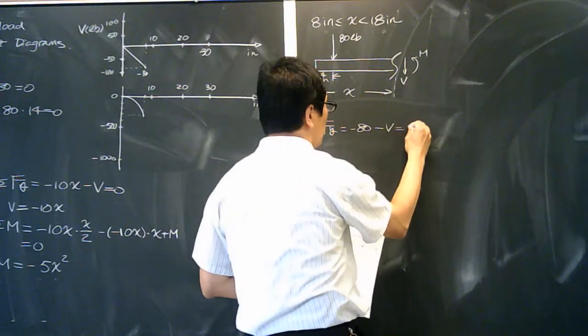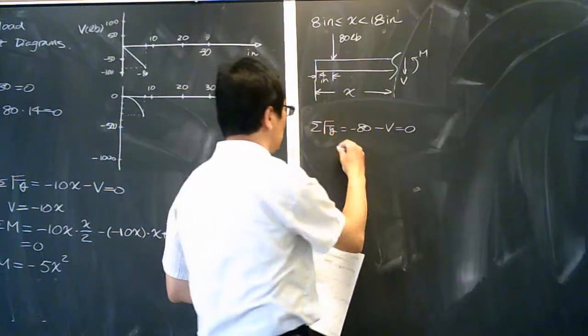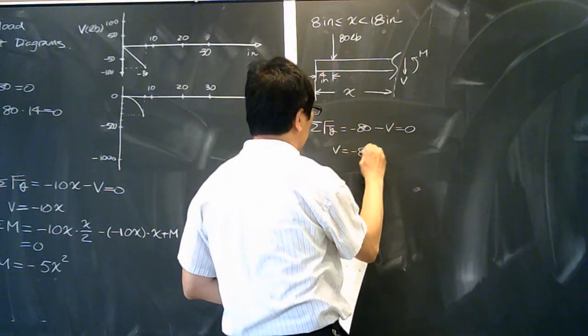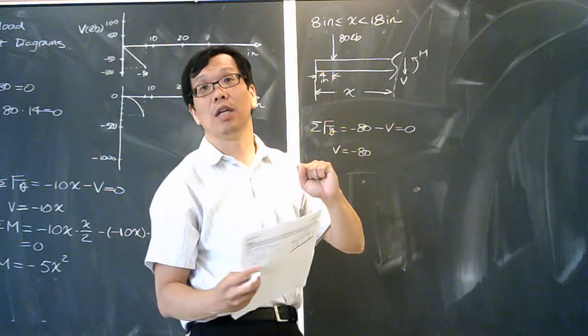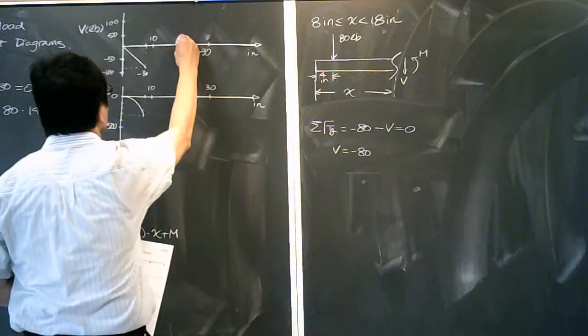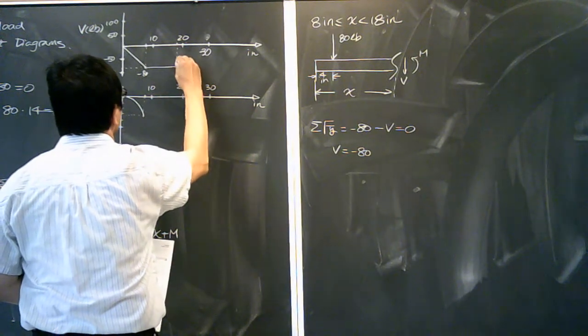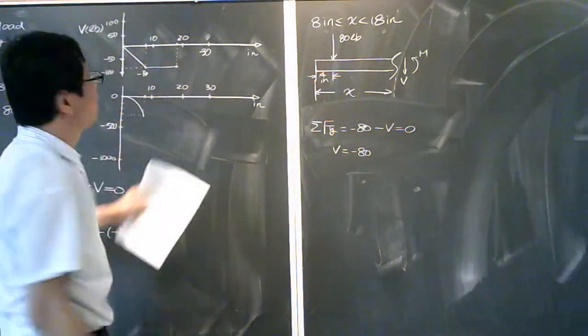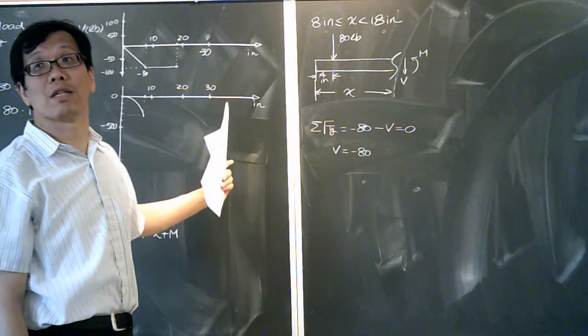No. So in this case, V is a constant, which is negative 80 between A to 18 inches. So we can draw it over here like this. Does that make sense to everybody?